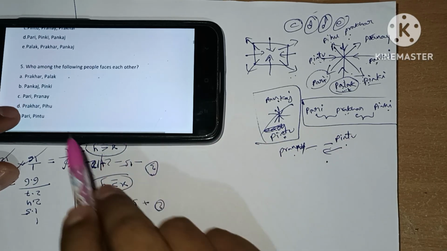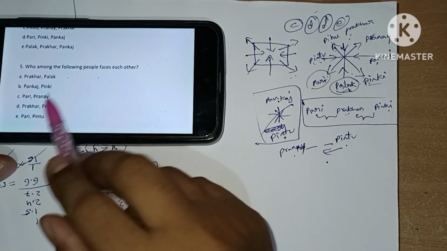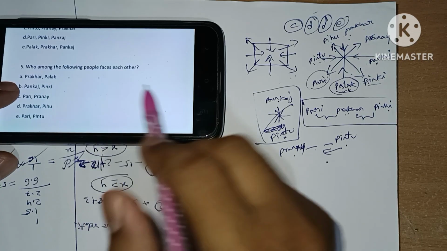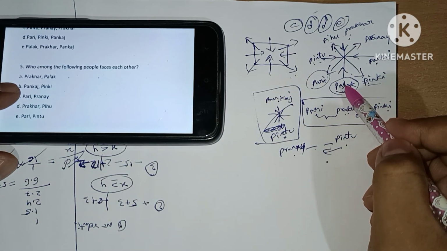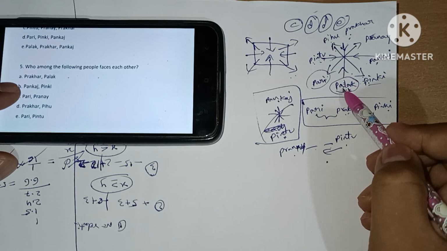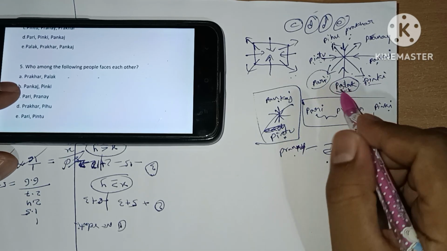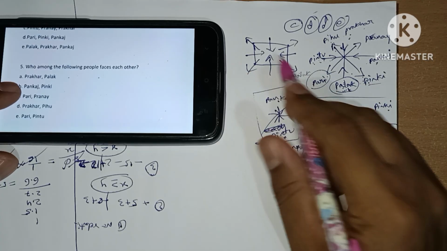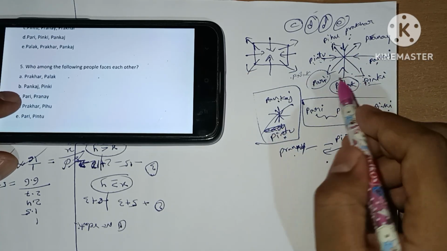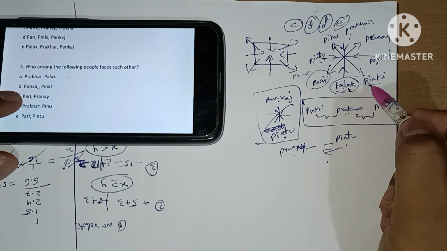Next, fifth question. Who among the following people face each other? Prakhar and Palak? No, they are facing away, because Palak's actual position is at the corner, so they are facing outside.